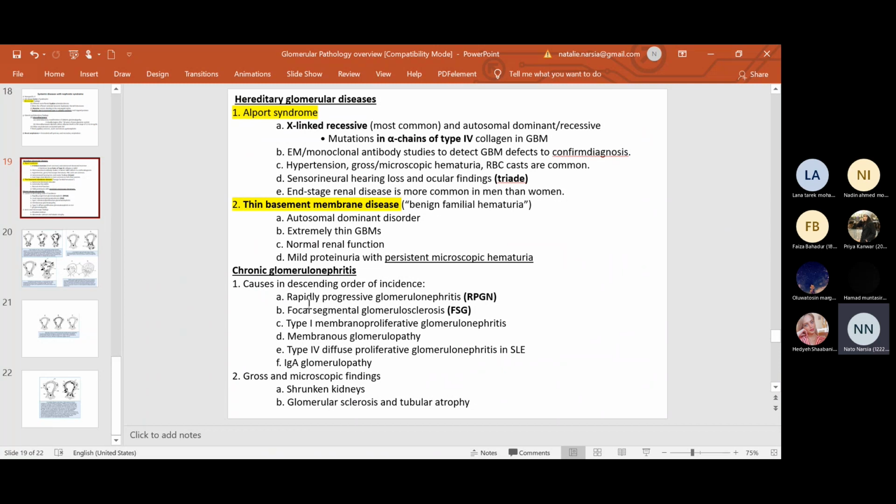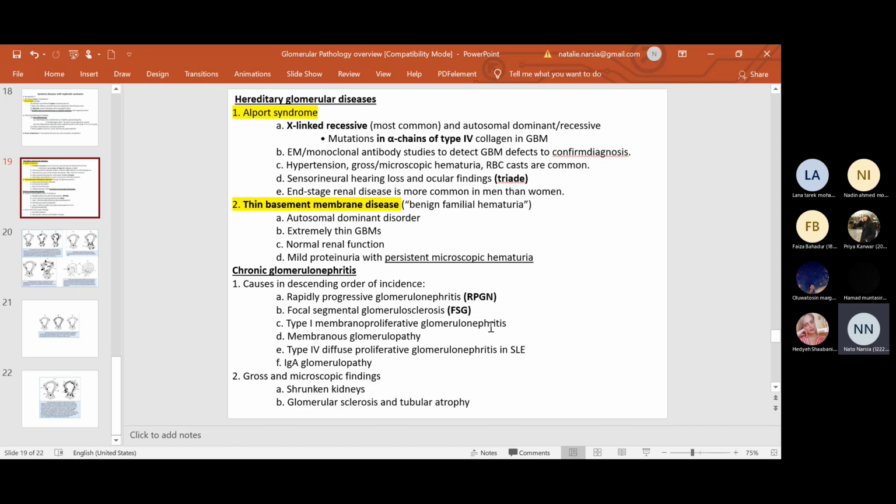Rapidly progressive glomerulonephritis, that is chronic. Focal segmental glomerulosclerosis, that is chronic. Type 1 membranoproliferative glomerulonephritis can lead to a chronic one, and yes, it is definitely chronic.